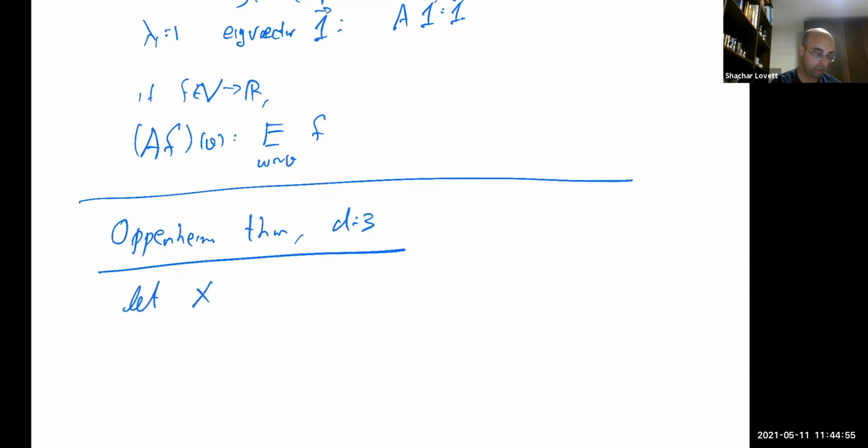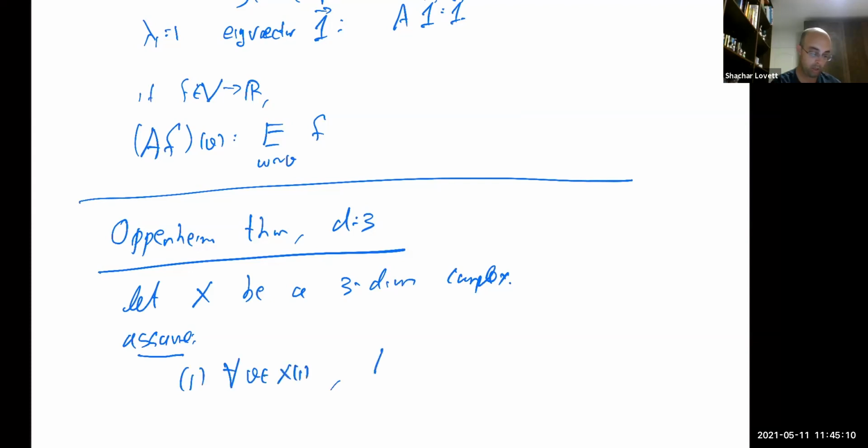So let X be a three-dimensional simplicial complex. And we assume what? Well, we assume one, that for every node, the level 1 matrix, so the underlying complex, is a gamma expander.